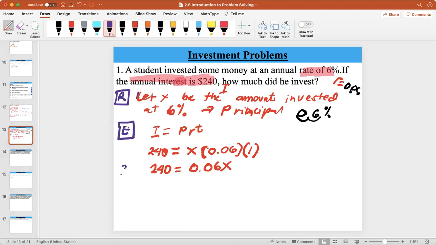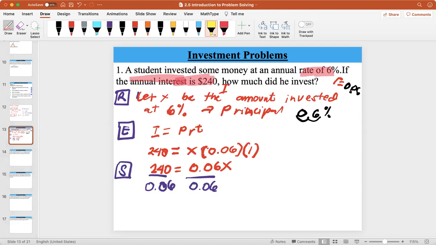So that's our solution now. Dividing both sides by 0.06, we can find your x. So let's divide both sides by 0.06.